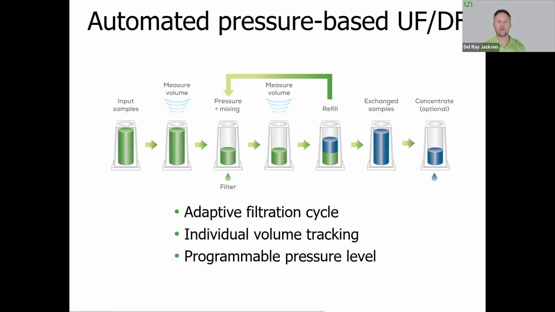And this filtrate occurs during our pressurization cycles, and we apply even positive pressure across all of your samples. We'll see a little bit more details for that. After a buffer exchange cycle occurs with the presence of optional mixing, then we can refill the exact amount of filtrate that was removed at each of those steps. We do that until we reach your target value, and then you have that option to concentrate at the end.